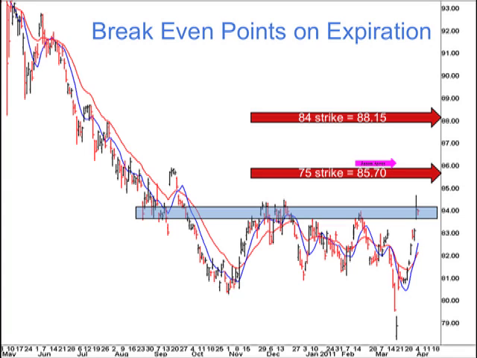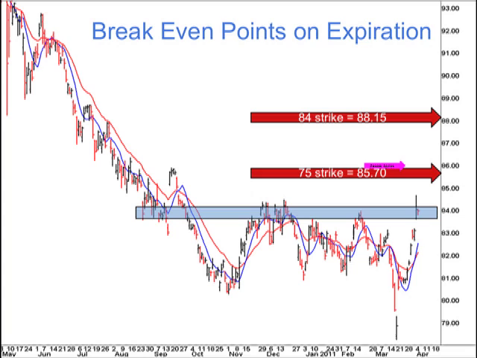But because we're only paying a very small component in time, as soon as the pair moves above our break-even point, which is sitting at 85.70, we're actually going to be able to make a profit. So as long as the pair on the third Friday of December settles above this 85.70 mark, we're actually going to make a profit.